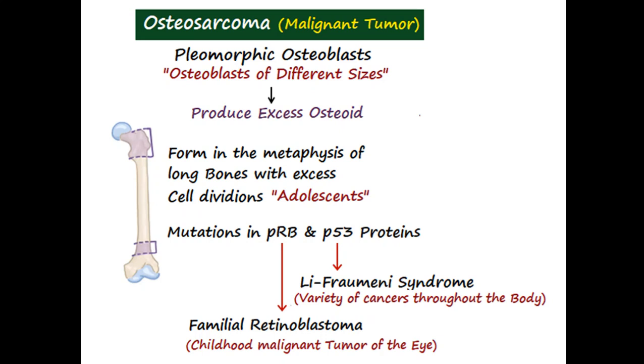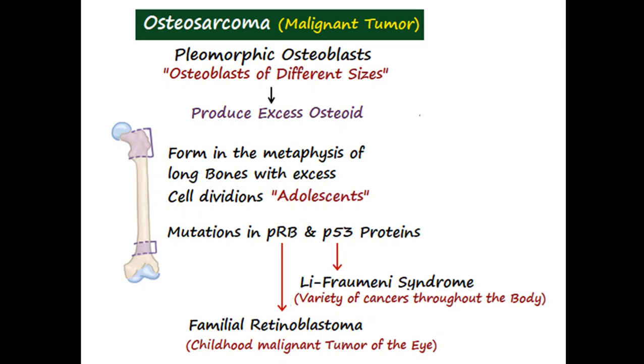The common sites of the osteosarcoma are the metaphysis of the long bones. And as we know, in young individuals the growth plates are located in the metaphysis, and the growth plates and the metaphysis are areas of rapid and excessive cell division.